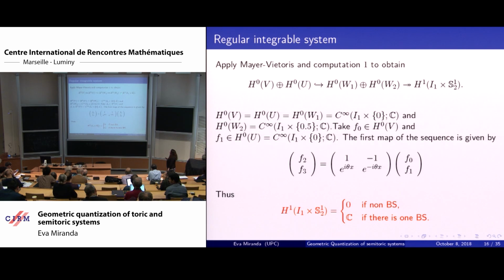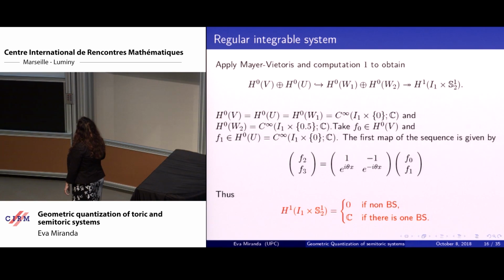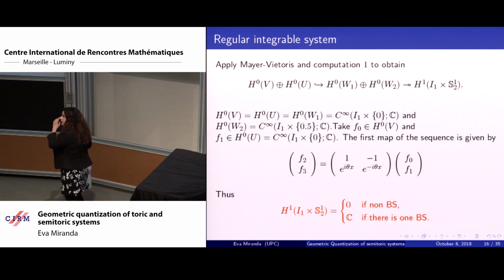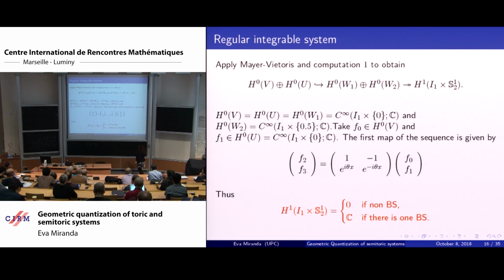Because this is a surjective map, everything amounts to understanding when the determinant is equal to 0 or not. If I take a Bohr-Sommerfeld leaf, then the determinant is going to be 0. Otherwise, it will be different from 0. So this means that the codimension is 1 or 0. So H1 is 0 if there are no Bohr-Sommerfeld leaves, and it is nonzero if there is one Bohr-Sommerfeld leaf.